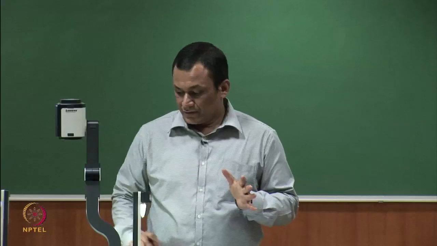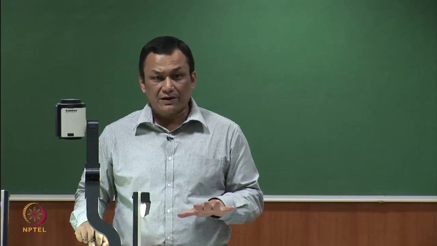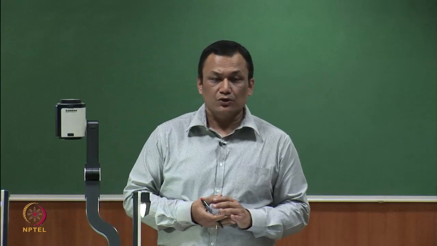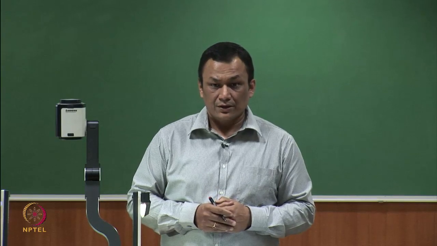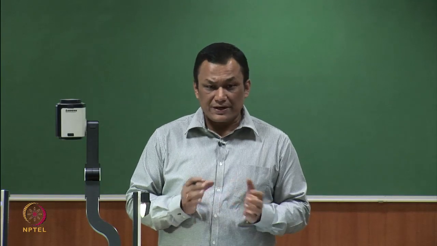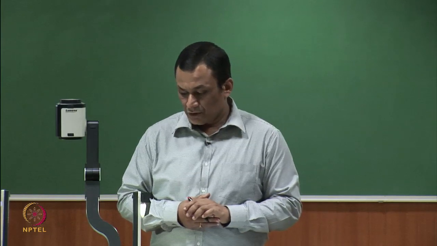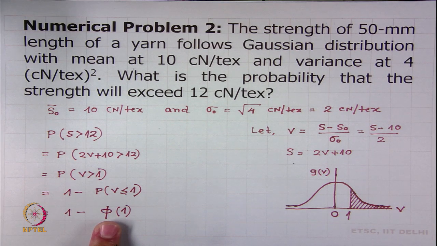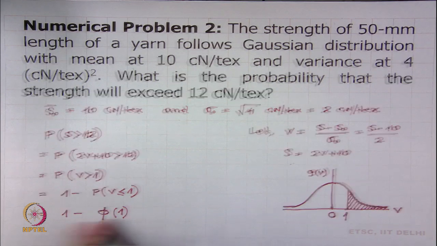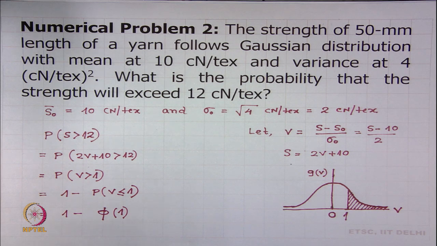Second, these values are generally available in so called standard normal table, which is available generally at the end of any statistics books. So, we can consult those tables and we can directly write these values. However, suppose the table is not with us. Under such circumstances, how to solve this? There is a way of doing that. However, it takes some more time. Let us do that.